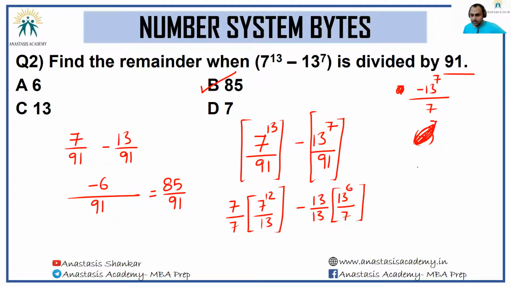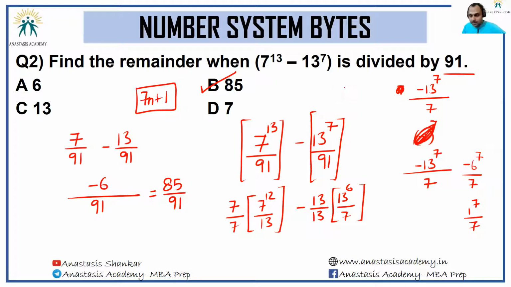13 raised to the power 7 by 7 is as good as minus 6 raised to the power 7, or 1 raised to the power 7 by 7. So the remainder with 7 will of course be 1. This much we know.